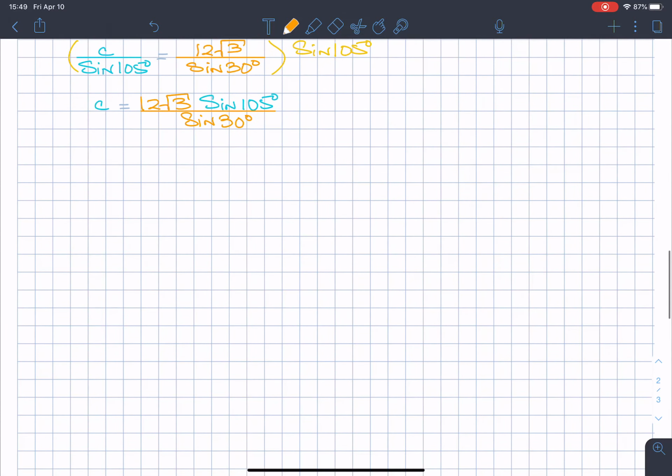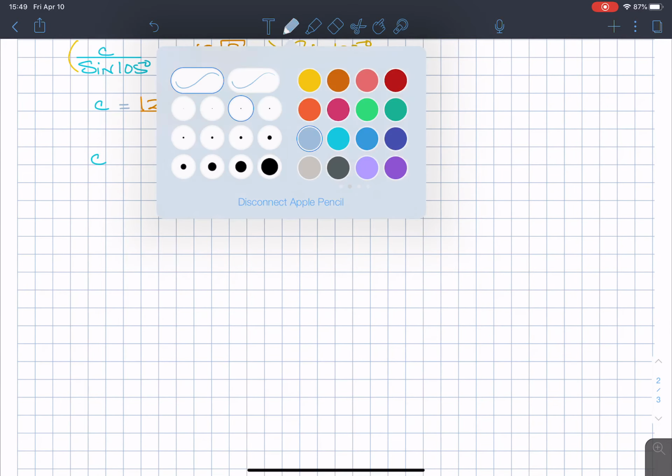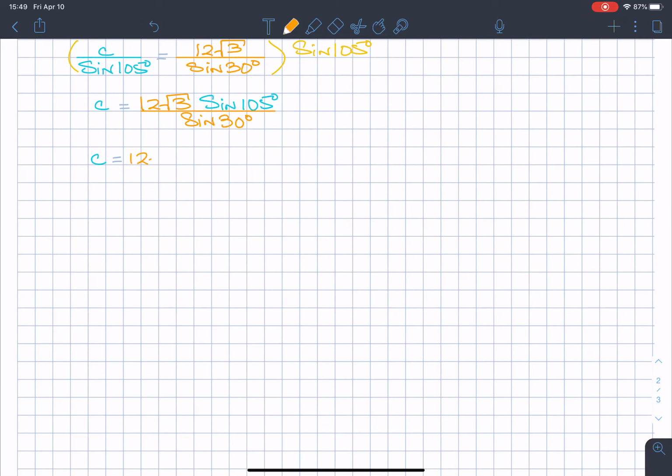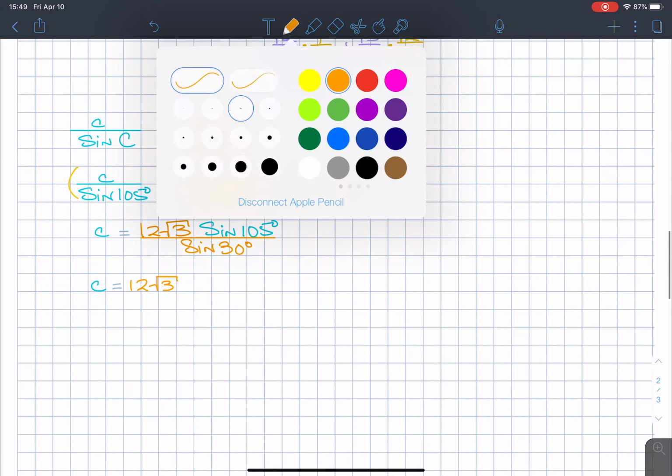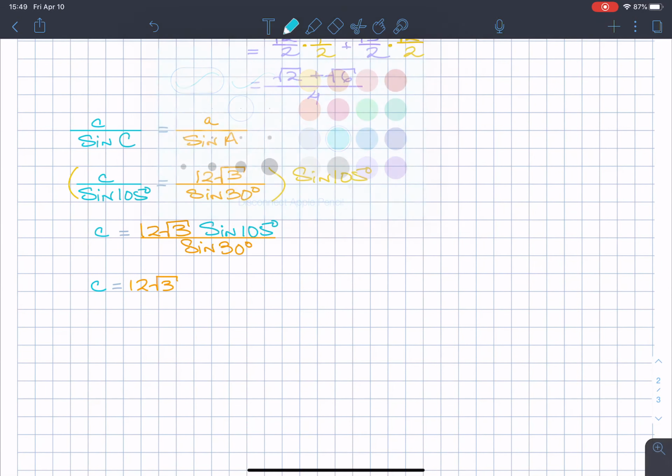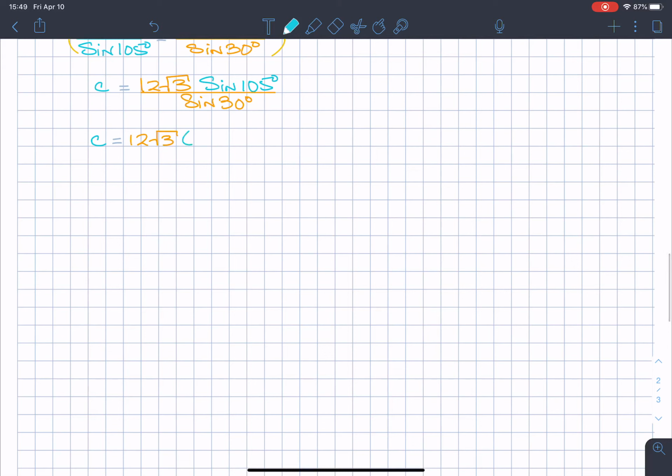Well, sine of 105 we found to be the quantity, the square root of 2 plus the square root of 6, all over 4. And sine of 30 degrees, of course, is 1/2.